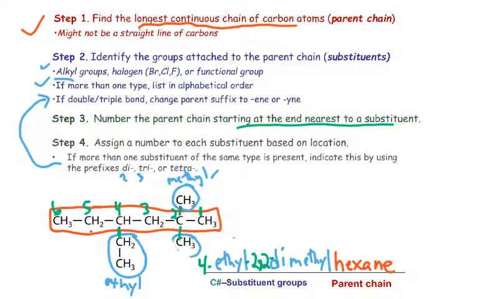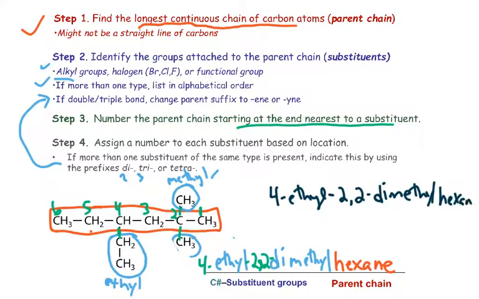So let me just write this out a little bit neater. The full name here is going to be 4-ethyl-2,2-dimethylhexane. It's a mouthful and sounds really intimidating to a lot of students.